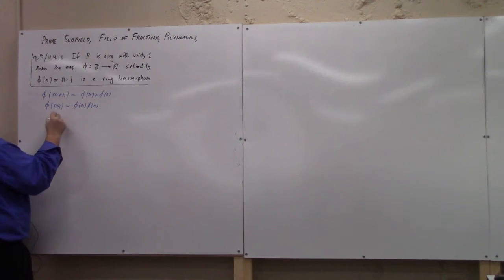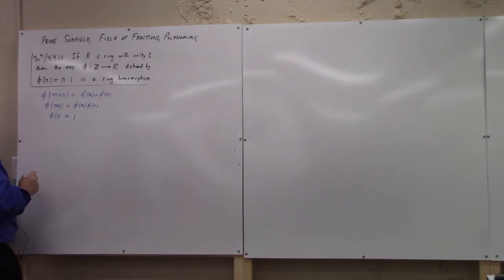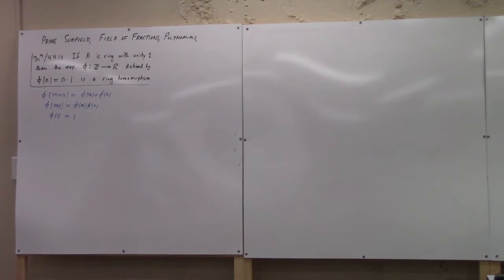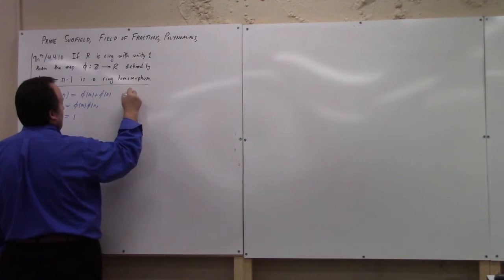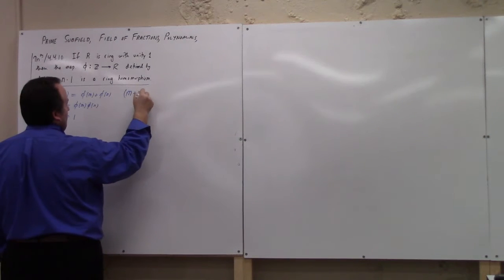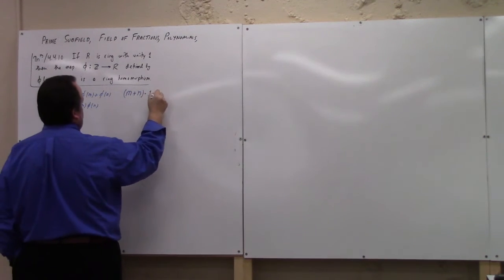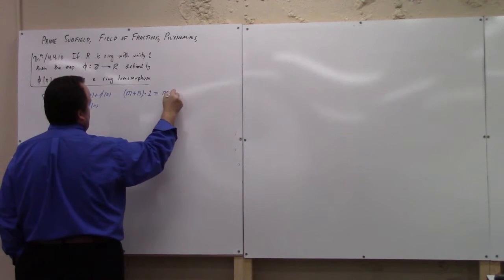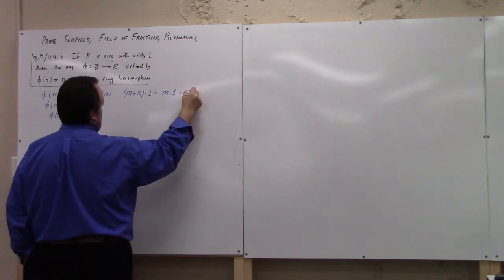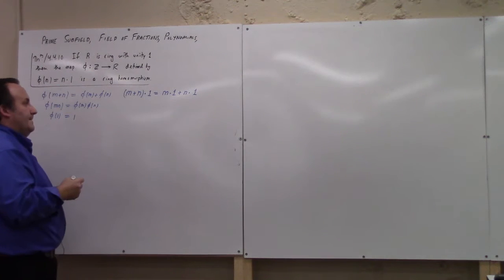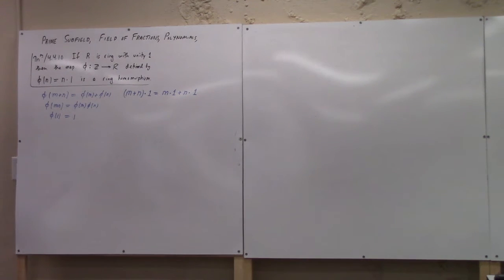And we need that phi of 1 is equal to 1, right? So those conditions, if you translate them into the definition for phi given here, are really just m plus n times 1 is equal to m times 1 plus n times 1. And you can prove that.